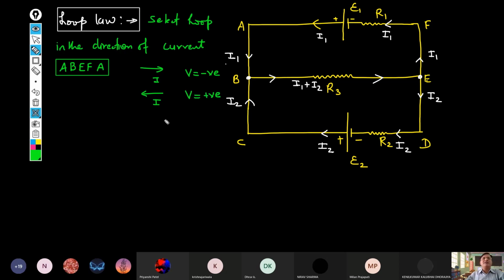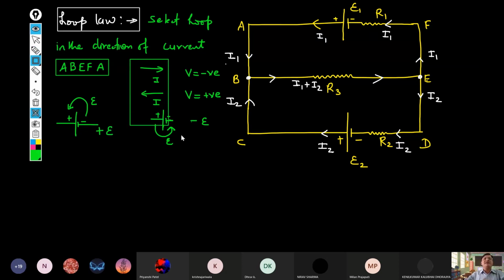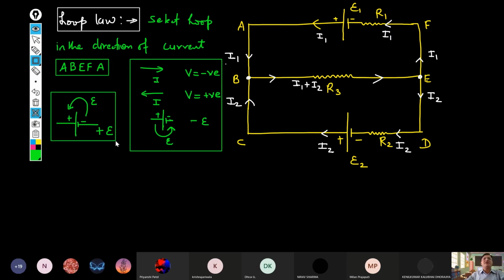Then, in a cell, if we are moving from positive to negative, the EMF of the cell we will write as minus E. And if we are moving from negative terminal to positive terminal in a cell, then we write plus E. I hope everyone is clear regarding the sign convention. Tell me. Yes, Kenel, you are asking about the sign convention. Are you clear with that?